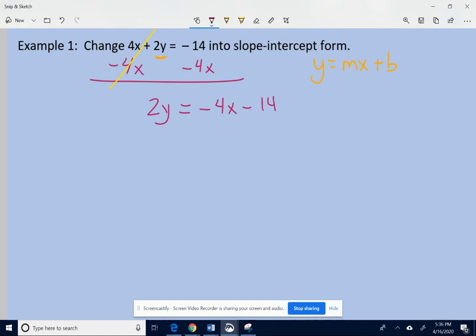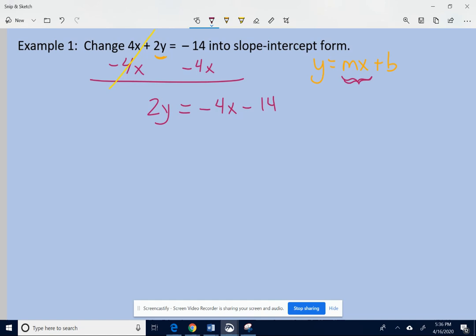So I have 2 times y, 2y, is equal to negative 4x minus 14. The reason I put the x part first is that when I'm all done, I want the x to be in front in the middle part of my equation. So I just want it to be there.